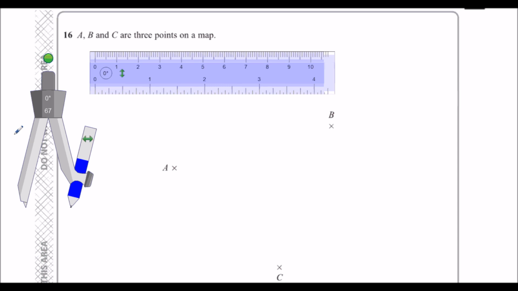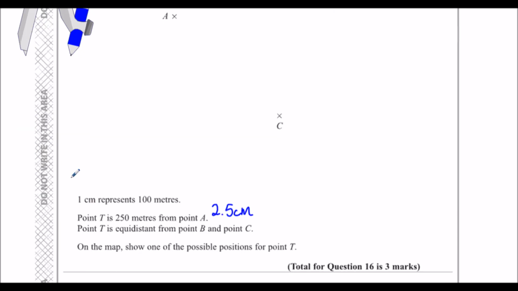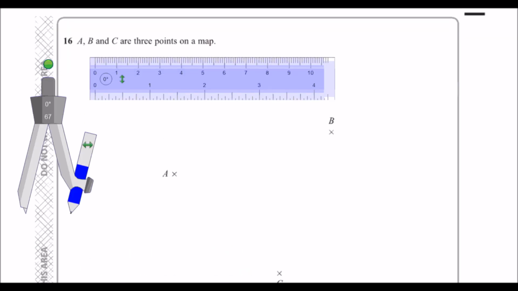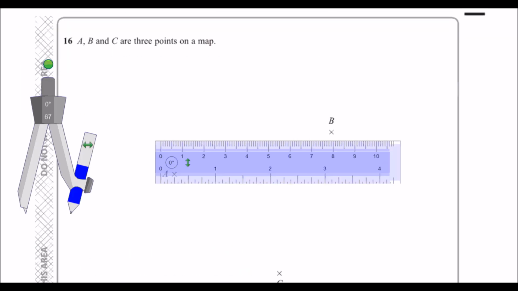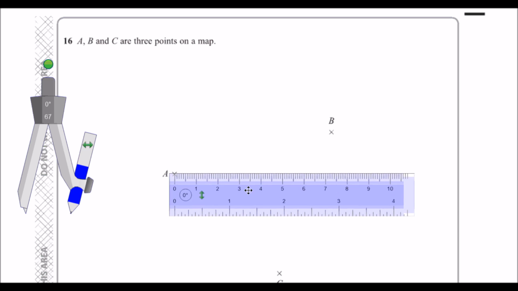So the first thing we need to do, well, we're going to measure 2.5 centimeters from A. So we're going to use the ruler. And we're going to go 2.5 centimeters from A, which is there.